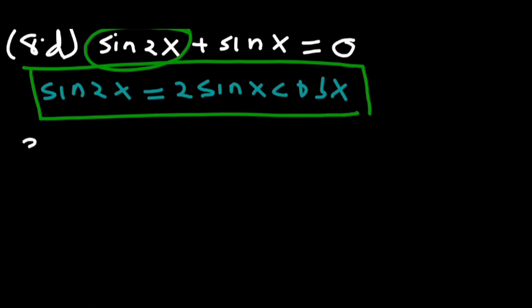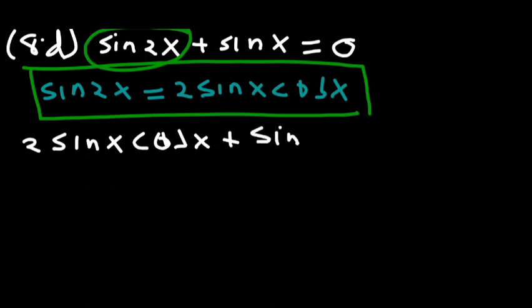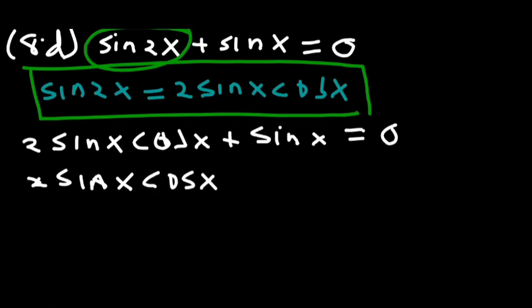So this is 2 sine x cos x plus sine x is equal to 0. The second thing we are going to do is move the sine x to the other side, so it's going to be negative sine x.